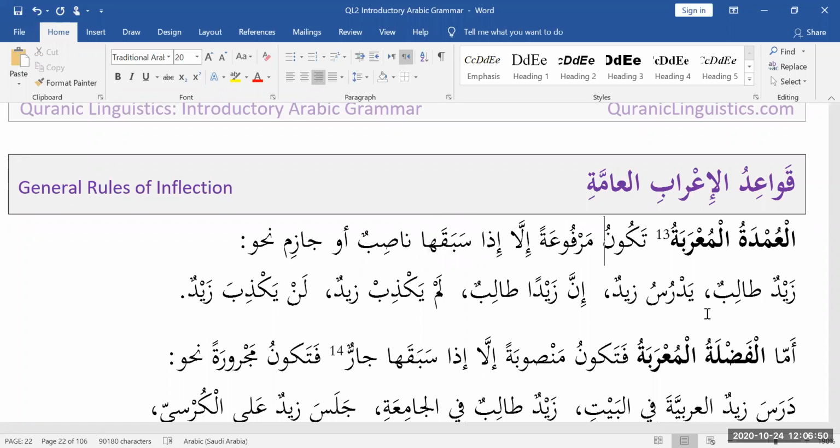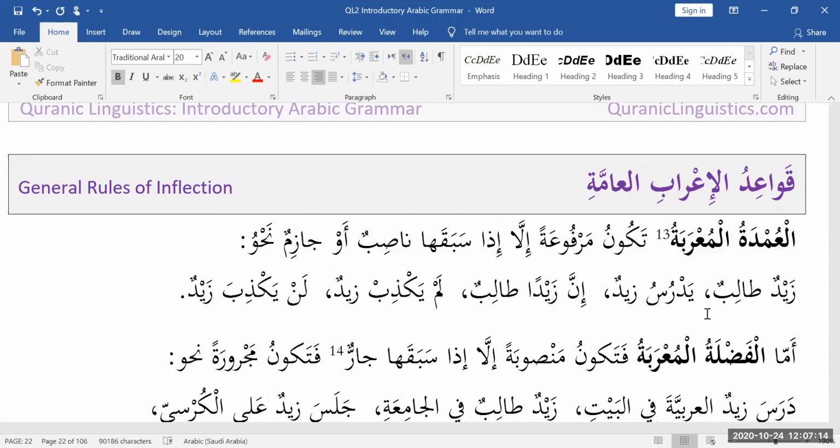It's going back to al-umdatul mu'raba. It's feminine because al-umdatul mu'raba is feminine. تكون مرفوعة إلا إذا سبقها ناصب أو جازم. So now two new terms, nasib and jazim.